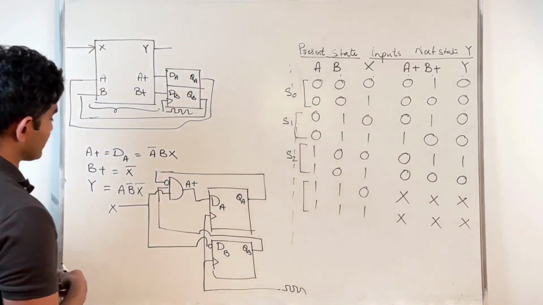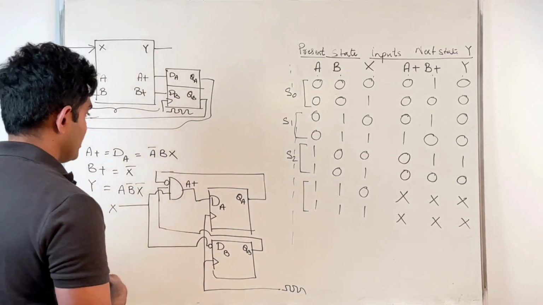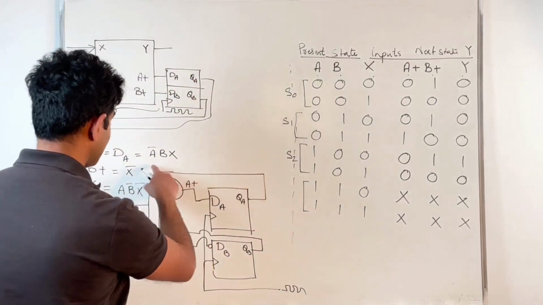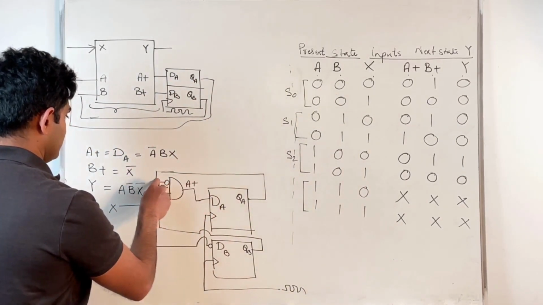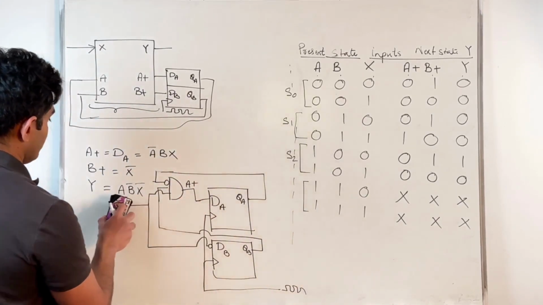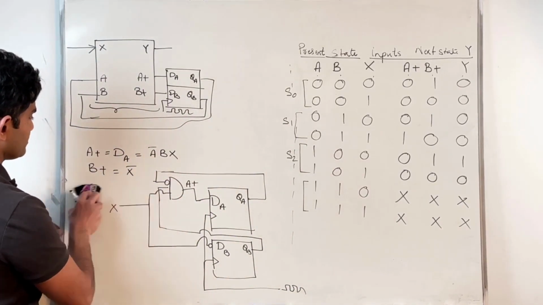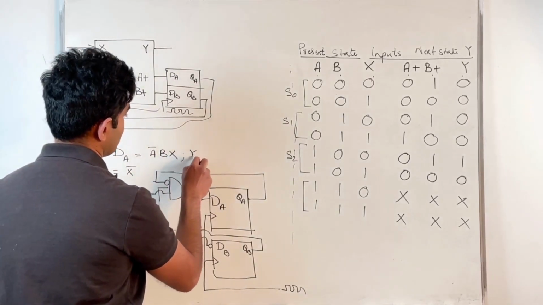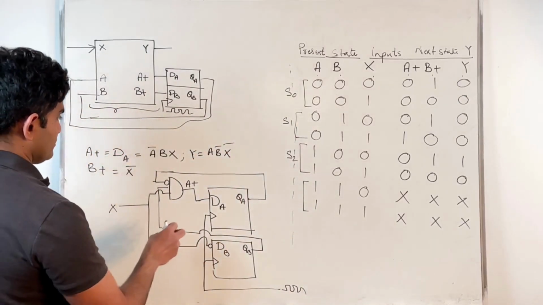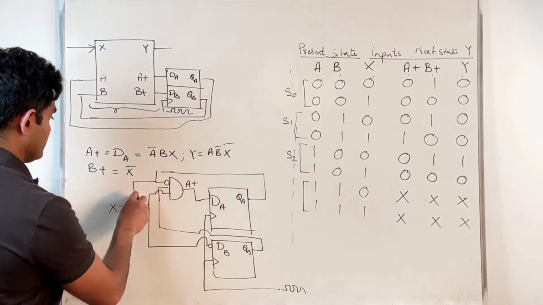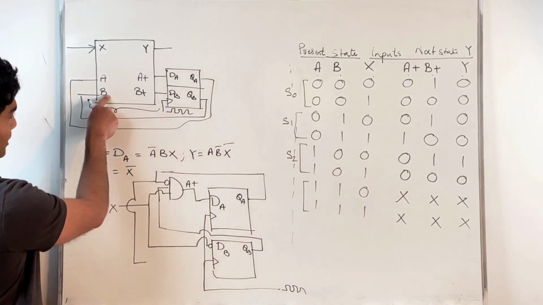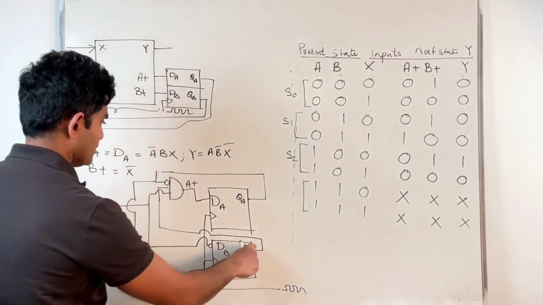And finally, we have Y, which is A B prime X prime. Again, A is nothing but QA. B is nothing but QB.